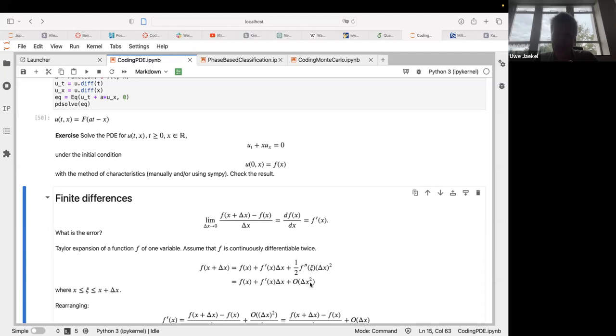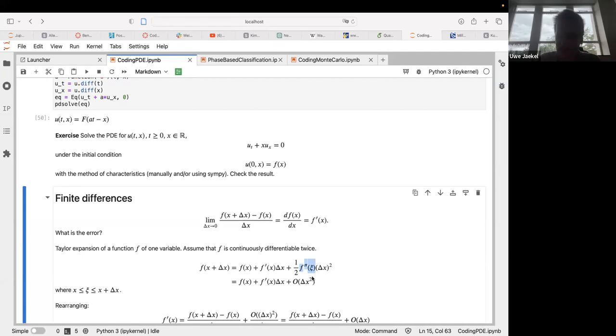O of delta x squared means that this can be written as something smaller than a number times delta x squared. And the number actually is the biggest value that the absolute value of the second derivative has between x and x plus delta x.